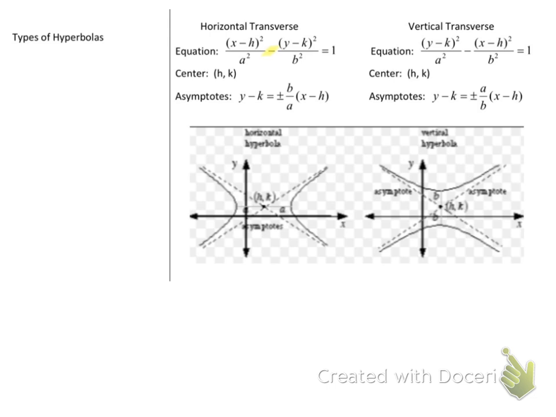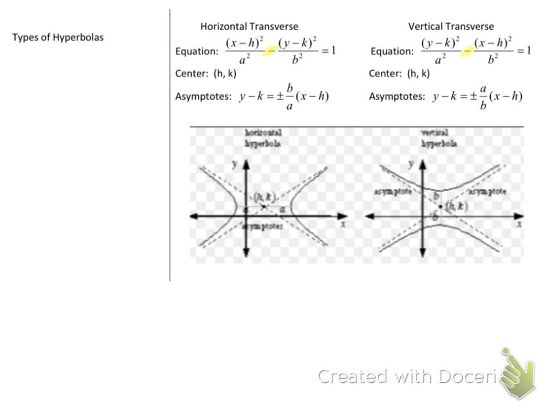It doesn't matter which type of transverse axis you're talking about. Transverse just means which way it opens. It's still going to be a subtraction sign between the x squared and the y squared, whether the x squared or the y squared comes first. Now, the order in which they occur does matter. We know that with addition, it doesn't matter if x squared or y squared comes first, but with subtraction, it absolutely does matter.